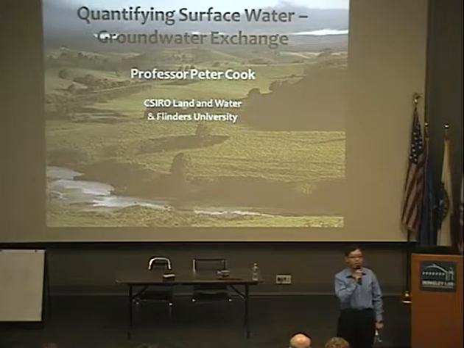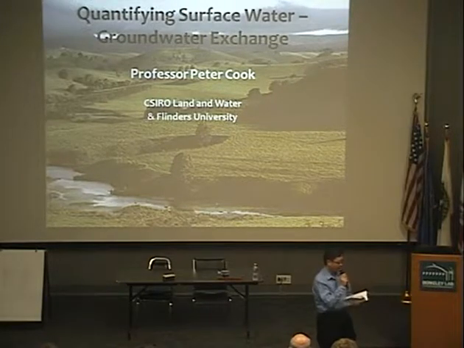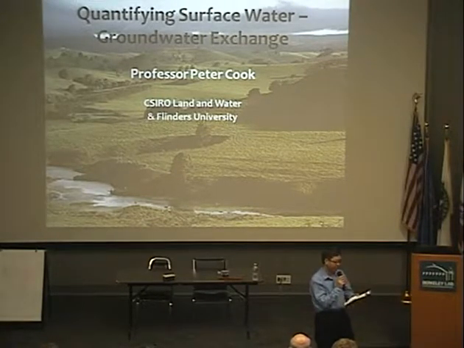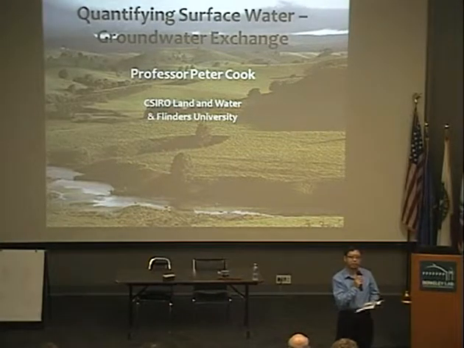It is my honor today to introduce the speaker, Professor Peter Cook. Peter is a principal research scientist with the CSIRO and also professor at Flinders University in Australia. He got his PhD in Earth Sciences from Flinders University in 1992.